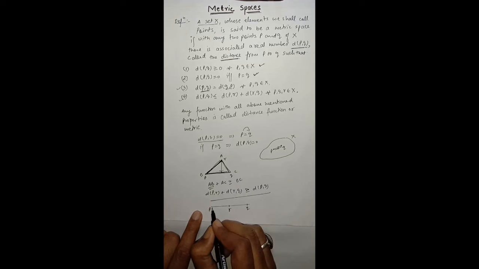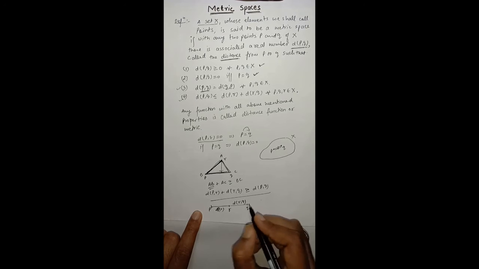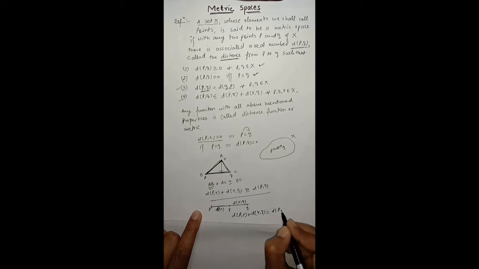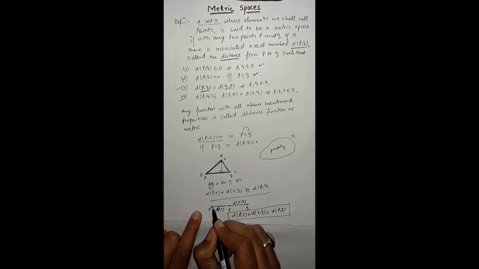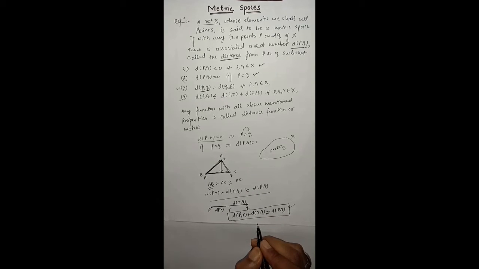That means the distance from P to R plus the distance from R to Q is always equal to the distance from P to Q. When the points lie on a straight line, we always get the equality.